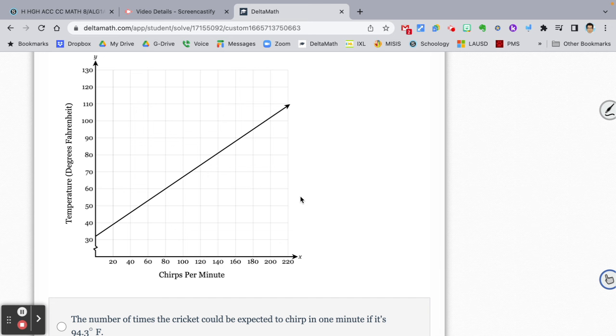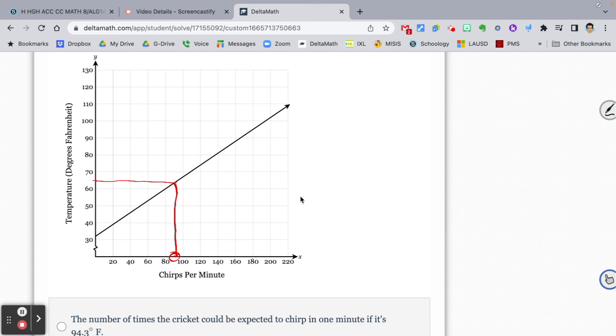Okay, so let's look for 65. 65 is here. That's a temperature. And then we'll go down here. And this is just a rough estimate. So somewhere between 80 and 100. So when it chirps somewhere in the 90s, let's say, the temperature is about what?